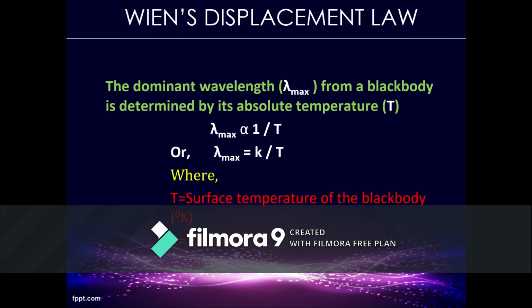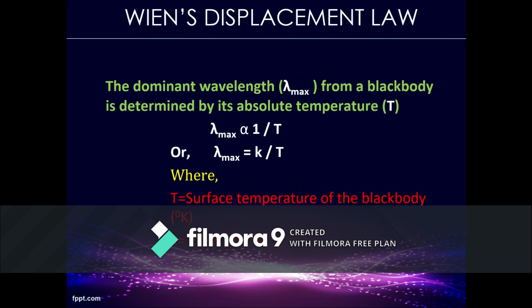So if we give an example, lambda max is equal to k divided by T. K means constant, where k is a constant equaling 2898 micrometer Kelvin and T is the absolute temperature in Kelvin.